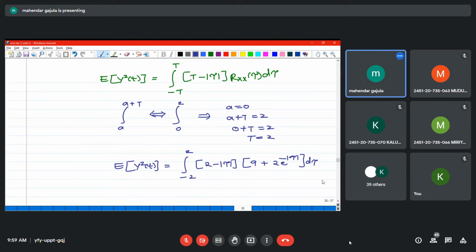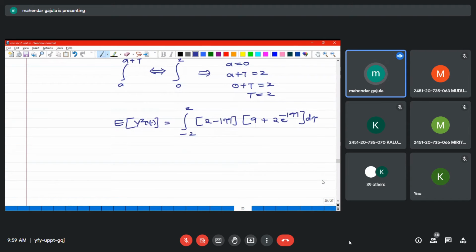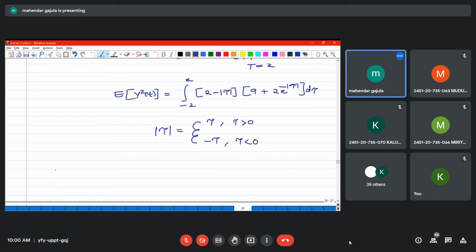Now we have to split the integration based on mod tau. Mod tau is tau for tau greater than 0, and minus tau for tau less than 0. So let us split it.